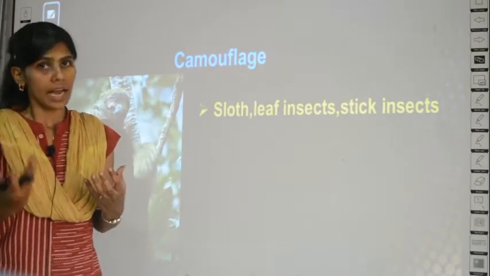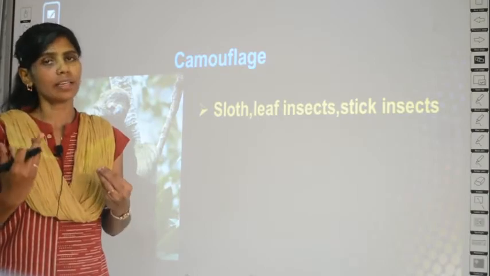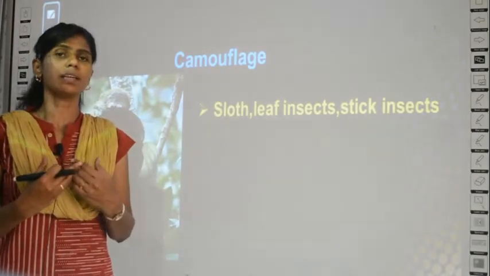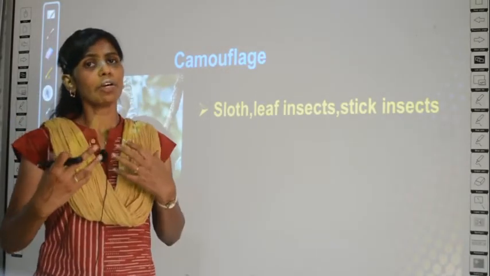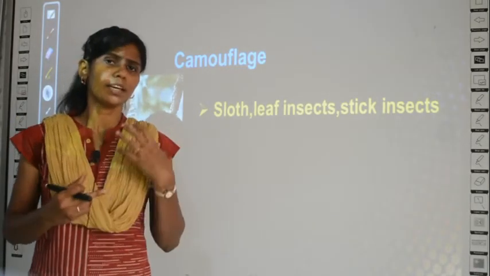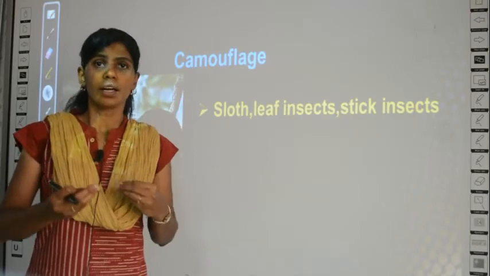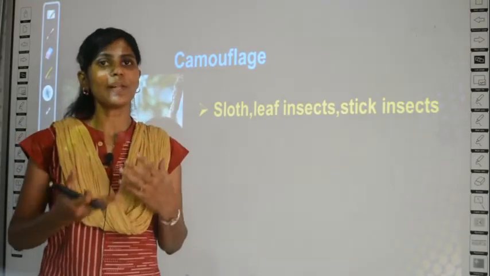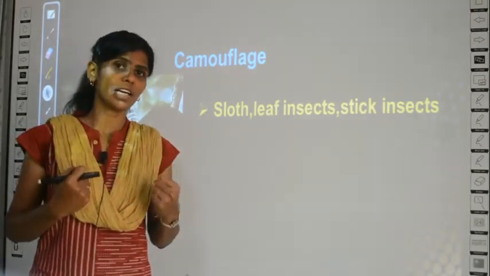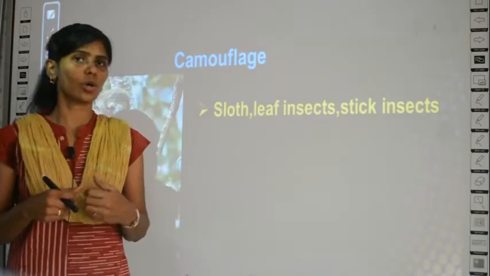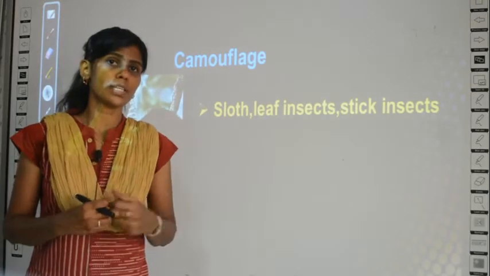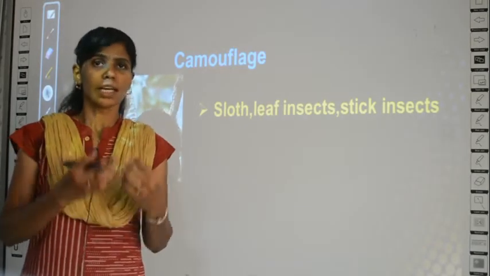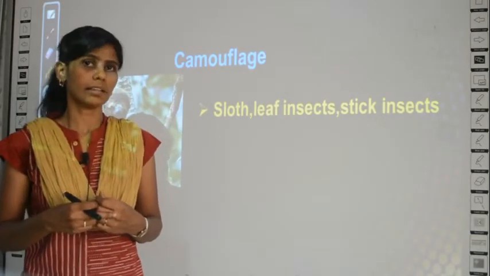Similarly, certain animals and insects will appear green in color so that they are camouflaged with the leaves. If a predator, its enemy, comes in search of it, it will not find it because it will take up the color of the environment. This is called camouflage.